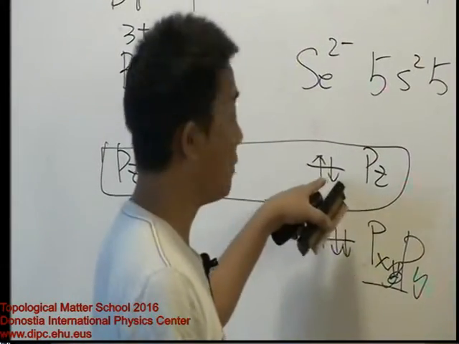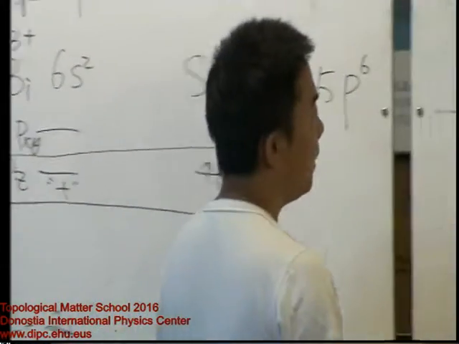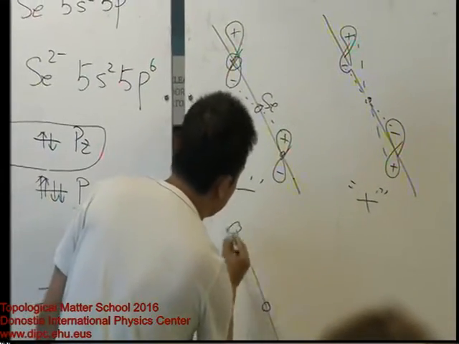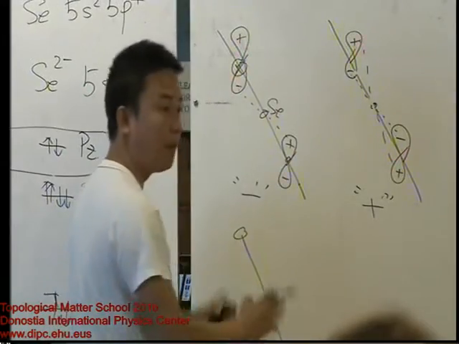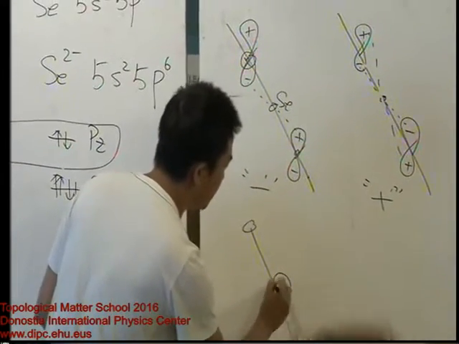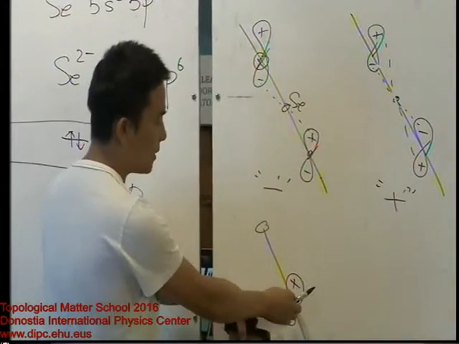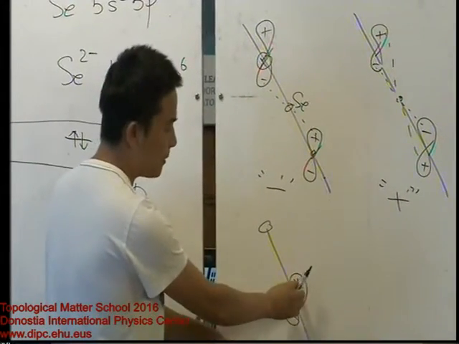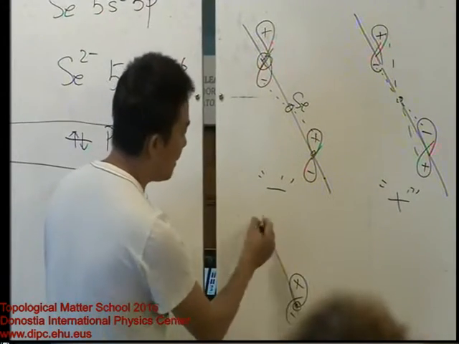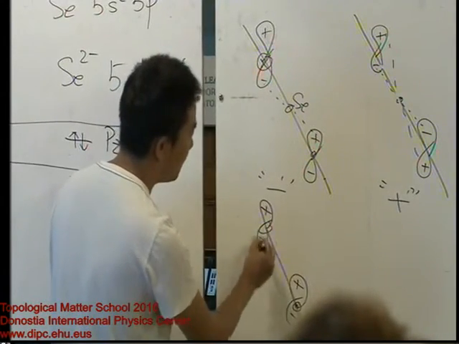And then let's look at this one. For selenium, we actually have 3 selenium, here, here, here. But let's put the PZ here first, at the center. As long as we put the center here, it's already decided that the parity must be negative, right? And then this one, you put a positive here.